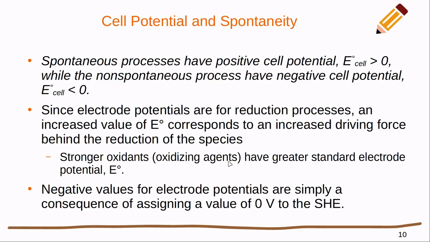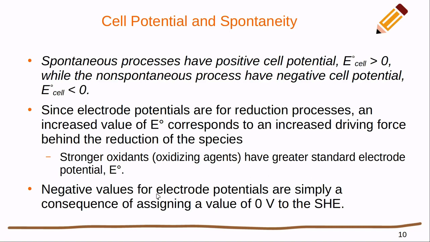The reverse is true. If I myself want to be oxidized, that means I am a stronger reducing agent to other species. So oxidizing agents themselves want to be reduced. Reducing agents themselves want to be oxidized.